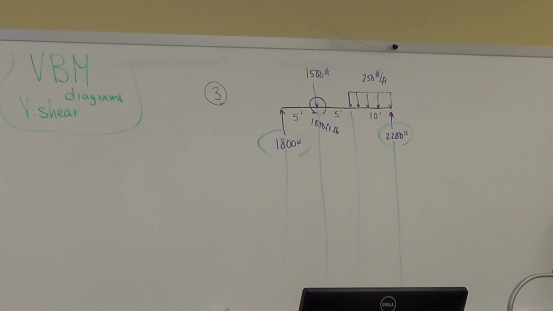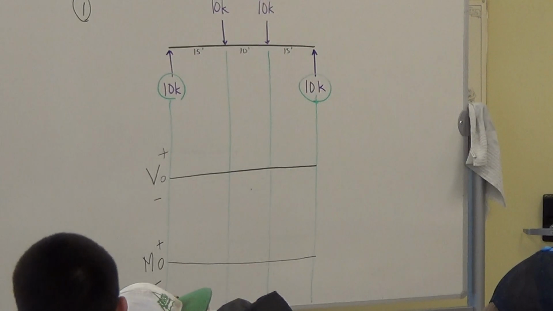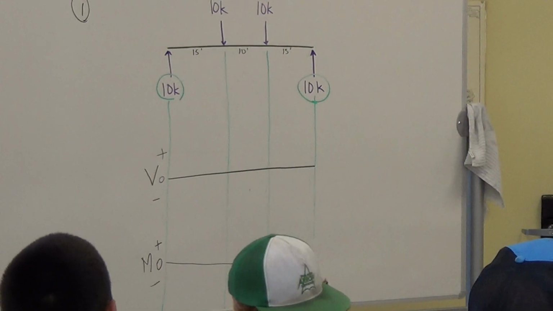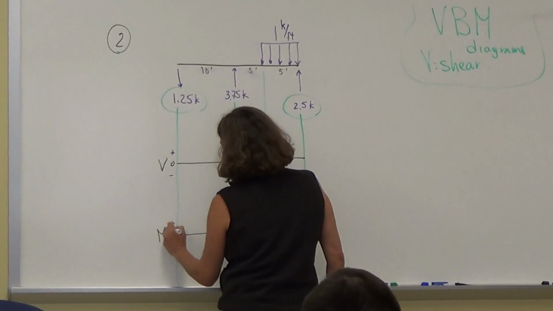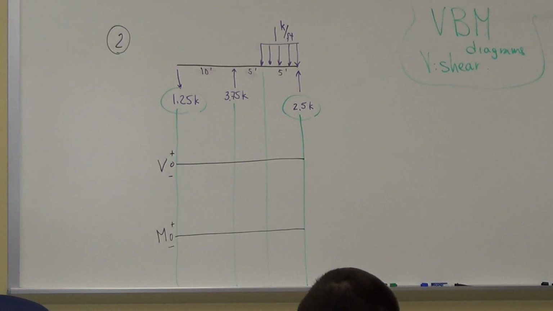Do I have an M for moment? Do I have a plus and a minus and a 0? Make sure you put the plus, minus, and 0 on all of them. Shear, 0, plus, minus. Moment, plus, minus, 0.